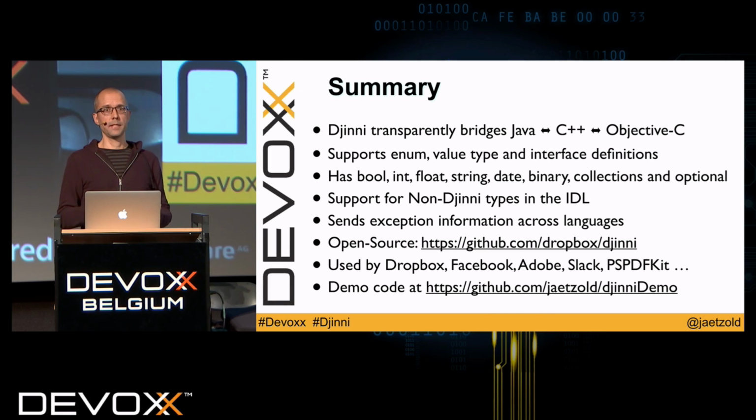And for example, PSPDFKit, which uses Djinni, uses that capability to define its own mapping of a caller type. Also, what I didn't show is that exception information is sent across the language boundaries. That doesn't mean, unfortunately, that you get the C++ stack trace in Android, but at least you get the exception message that gets passed along.